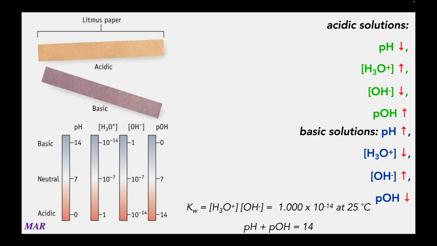What you need to remember is that Kw, hydronium times hydroxide, is always going to be a constant. And for us at room temperature, 25 degrees, it's 1.00 times 10 to the minus 14. So that'll help you to understand how these things go around. And also remember that pH plus pOH equals 14. So if pH goes down, pOH is going to go up. If pOH goes down, pH is going to go up, et cetera, et cetera.